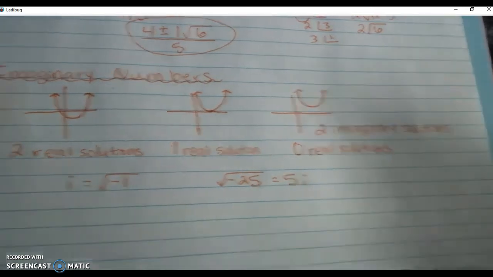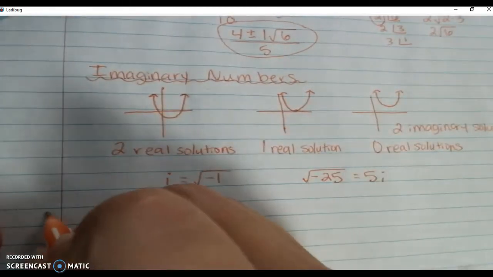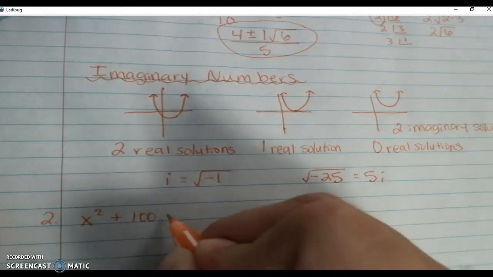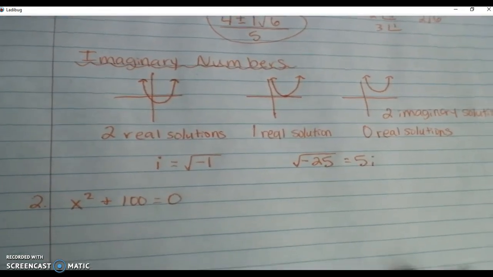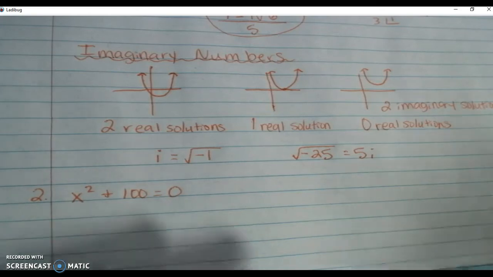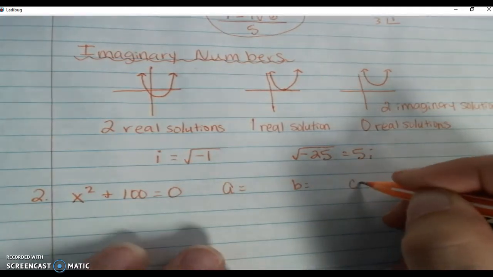Okay. Alright, let's do a quadratic formula problem that has an i. So let's say we wanted to solve x squared plus 100 equals 0. Okay, so first we have to find a, b, and c.